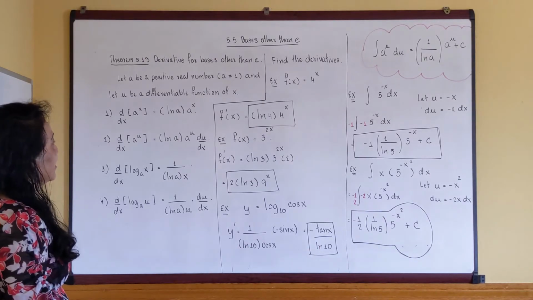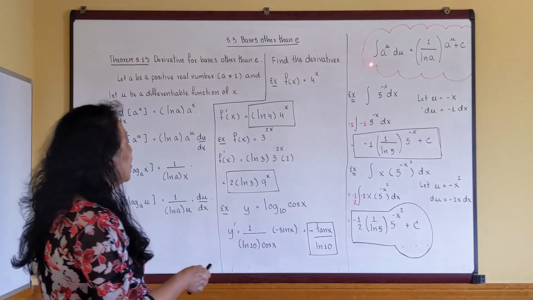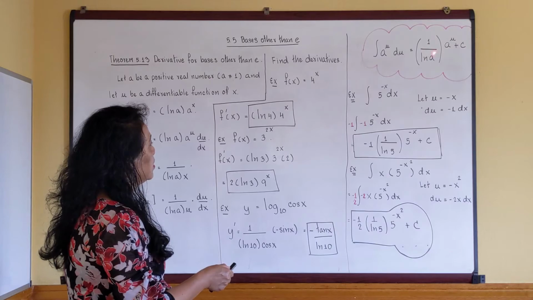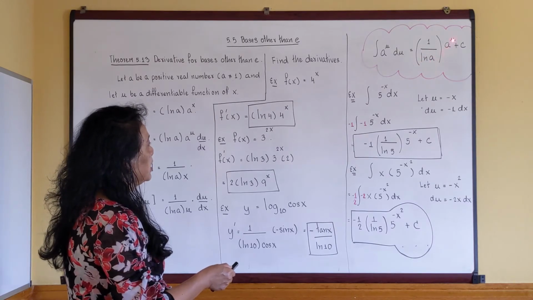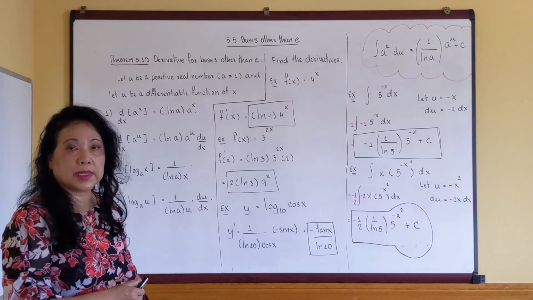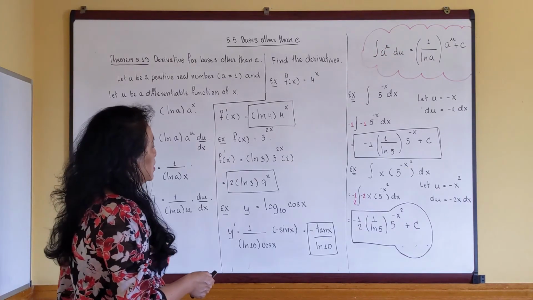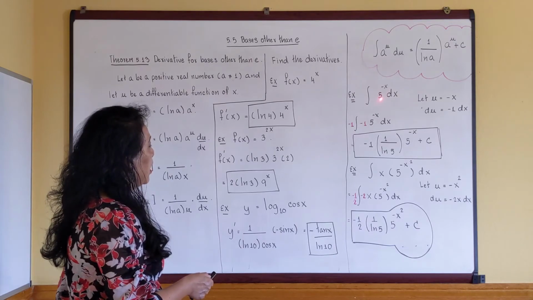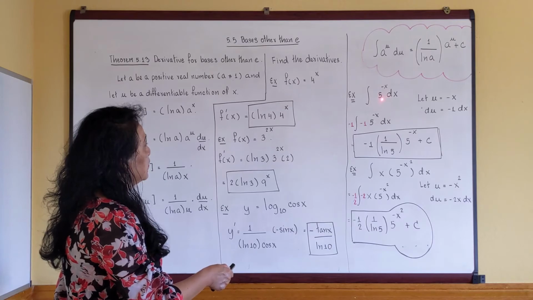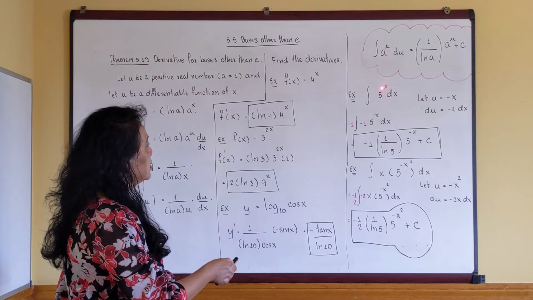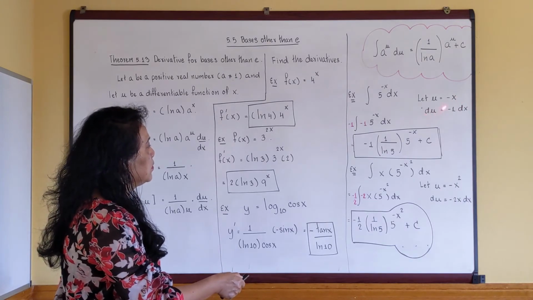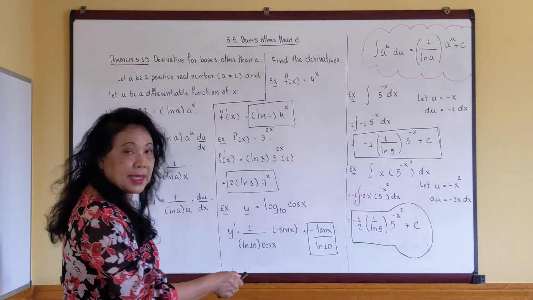Alright? Next one, the integral of a to the u du is equal to 1 over ln a times a to the u plus c. Again, my u here is an expression. In this example, I have the integral of 5 to the negative x dx. So my a is 5, my u is negative x. So I let my u equal negative x. So du will be negative 1 dx.